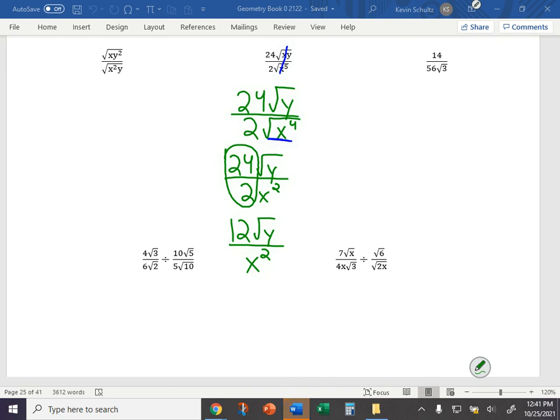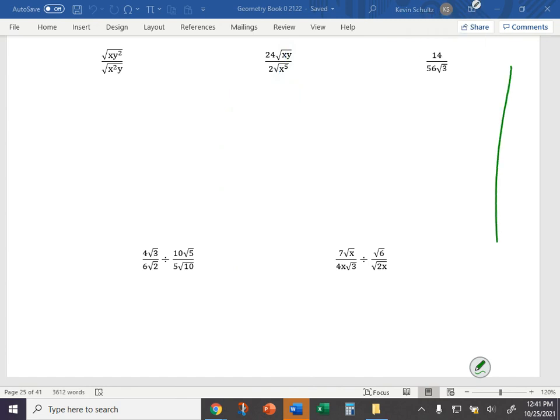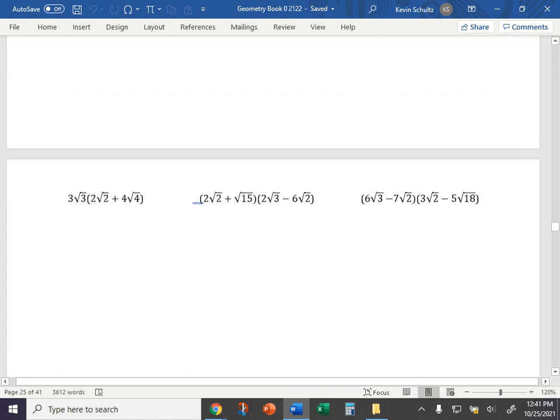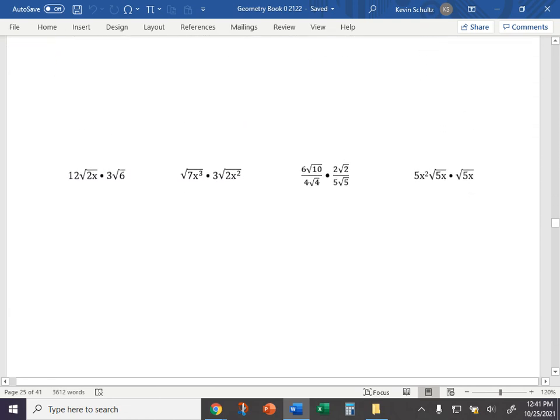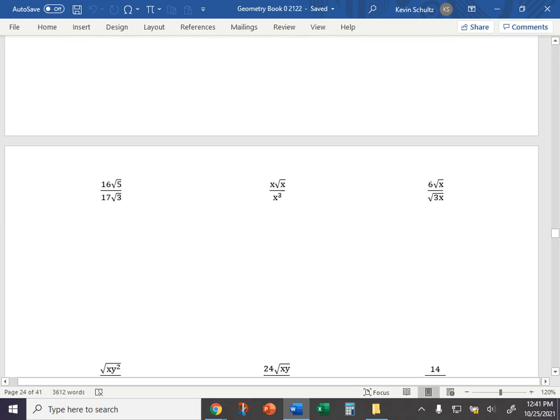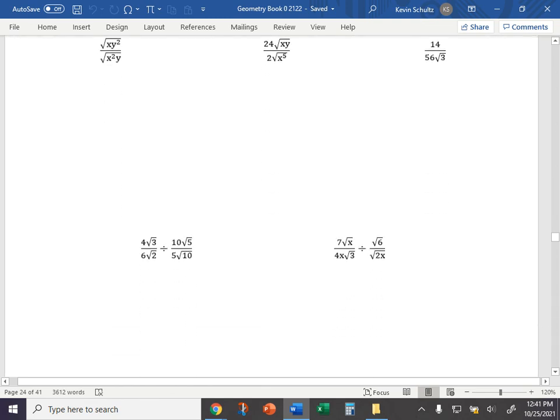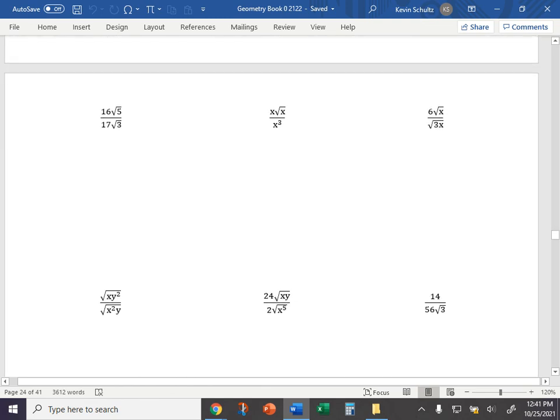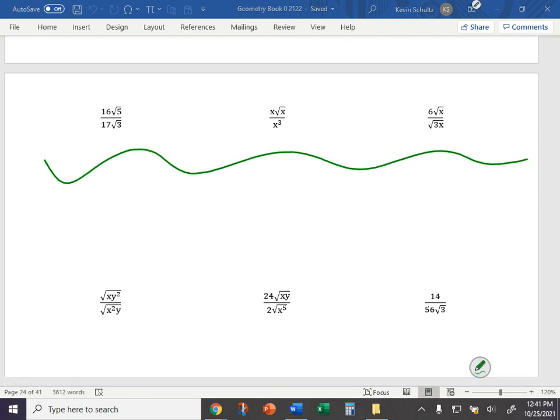Let's go, Caleb. Okay, your homework for tomorrow. I would like you to do everything up until the green line.